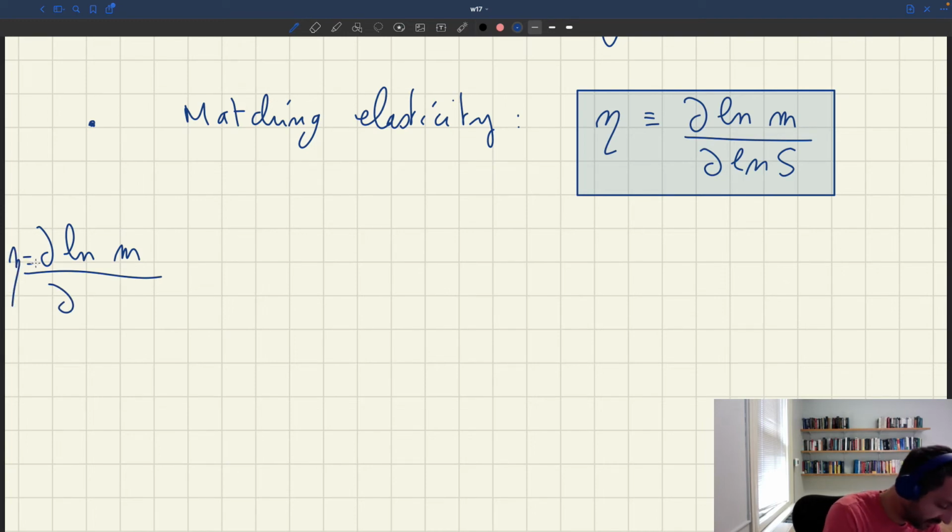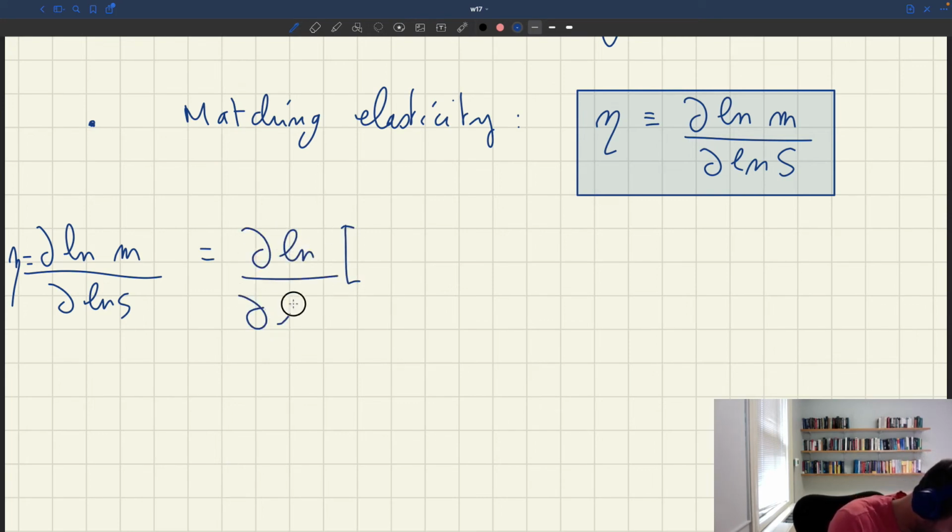So it's eta, it's d log m, d log s. So it's d log of s to the minus gamma plus b to the minus gamma, to the power of minus 1 over gamma.